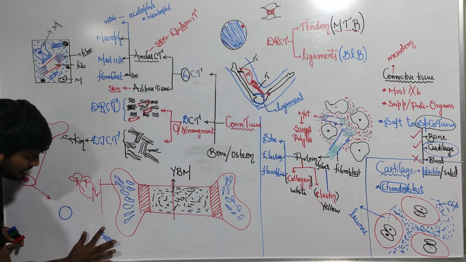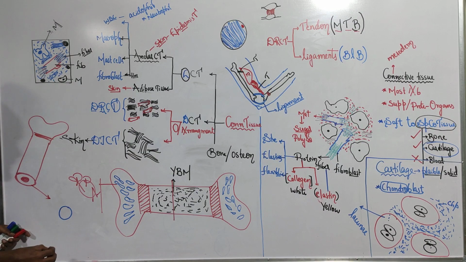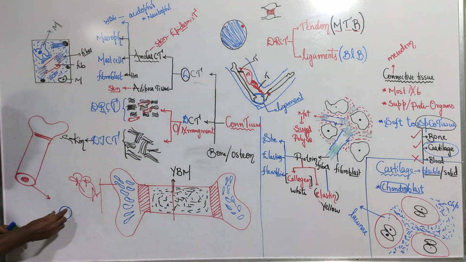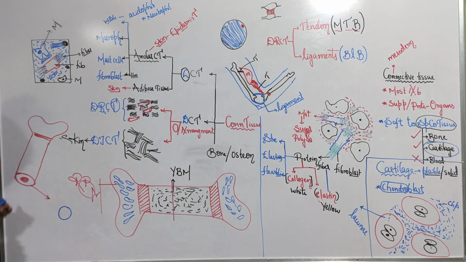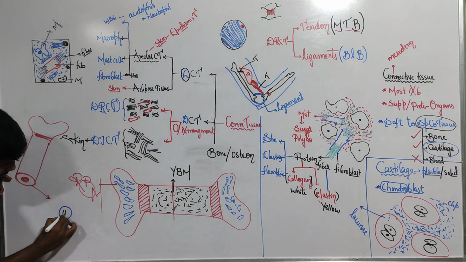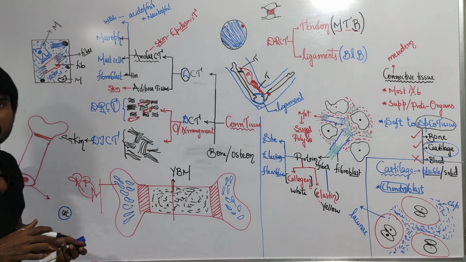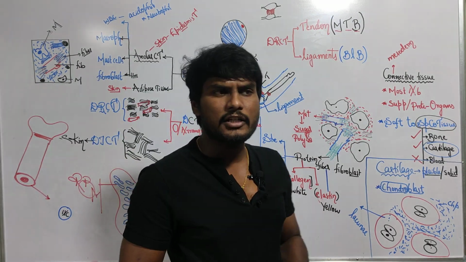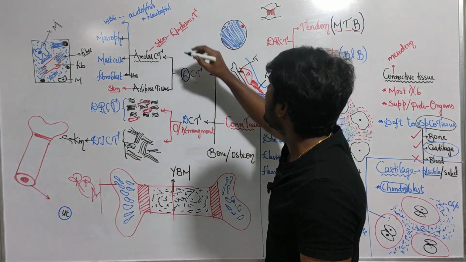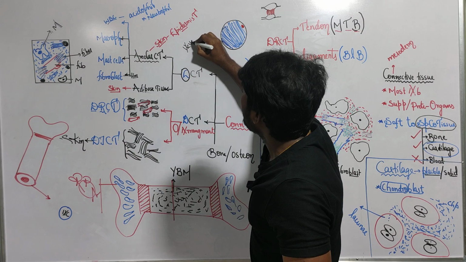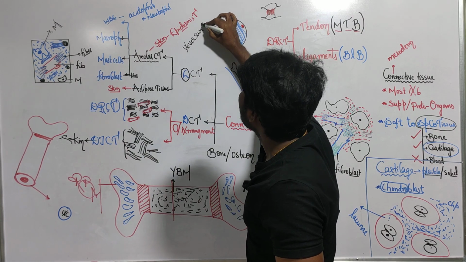Initially, not lacunae, this is one empty space where blood vessels are present, and this is called a canal. What canal is this? This canal is called the Haversian canal. It is not in the NCERT textbook, but you can write Haversian canal.